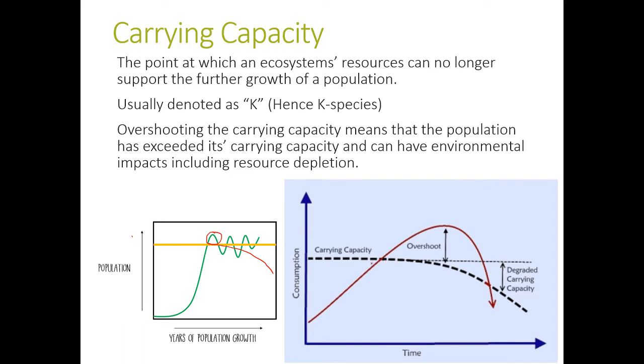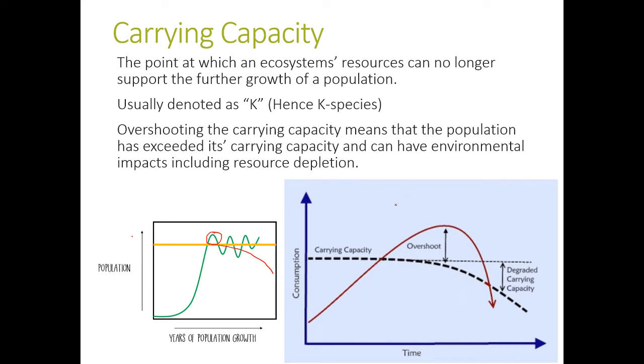If, for instance, the carrying capacity for a specific fish species is denoted by available oxygen, then when we get to this overshoot period, because there are so many extra fish, the amount of oxygen that was originally available is going to drop, and that is going to cause the carrying capacity to start to decline.